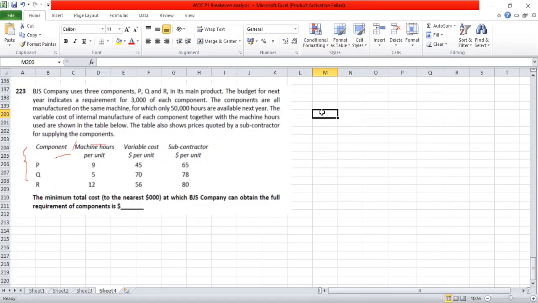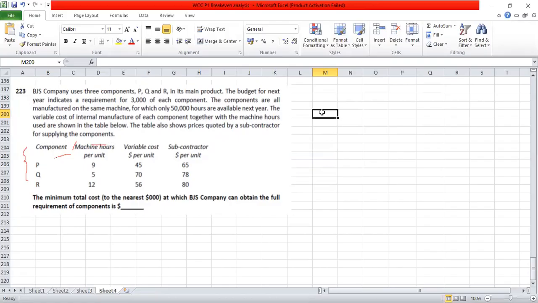223. BJ's company uses 3 components P, Q, and R in its main product. The budget for next year indicates a requirement of 3,000 of each component. The components are all manufactured on the same machine for which only 50,000 hours are available next year. The variable cost of internal manufacture of each component together with the machine hours used are shown in the table below.